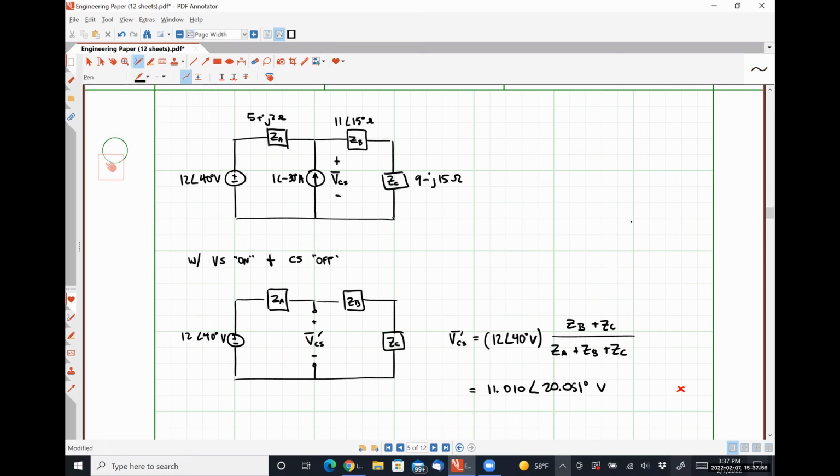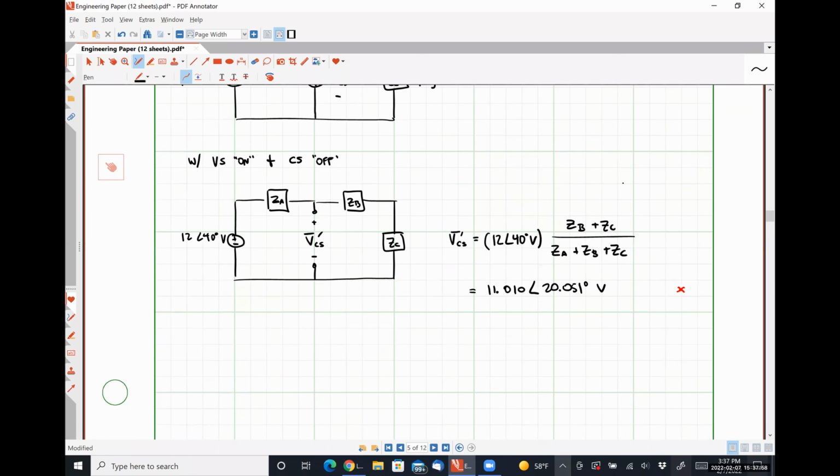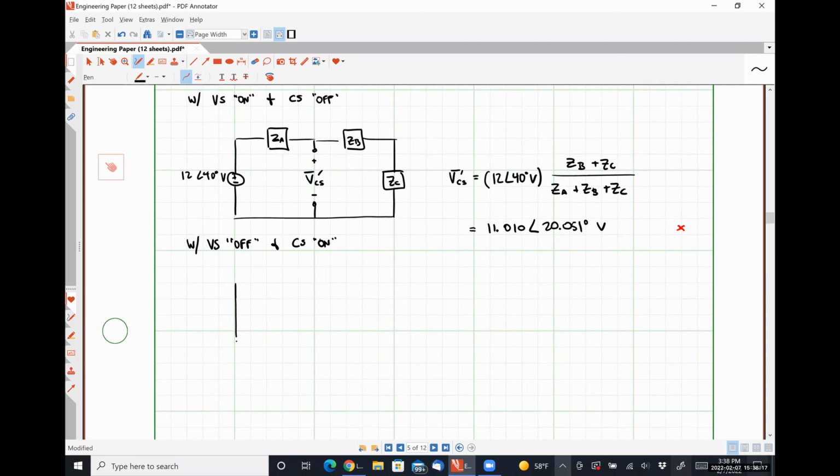So with our voltage source off and current source on, our circuit's going to look like this.